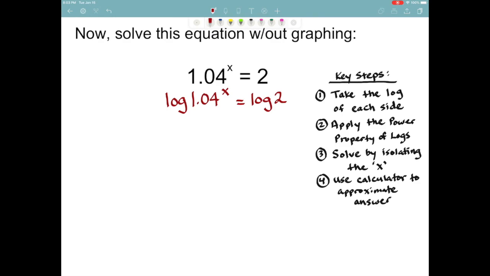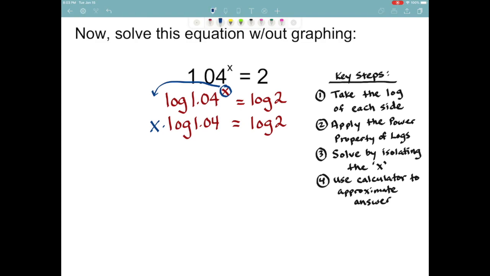Now, the second step, we're going to apply the power property. Since we're taking the log of some value and it's got an exponent, we can move that exponent out in front. So we're going to have x times the log of 1.04, and that still equals the log of 2. Third step, solve by isolating the x.